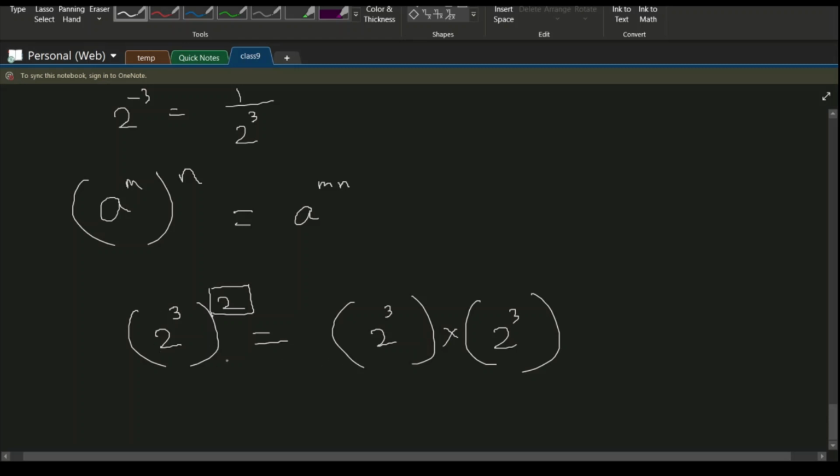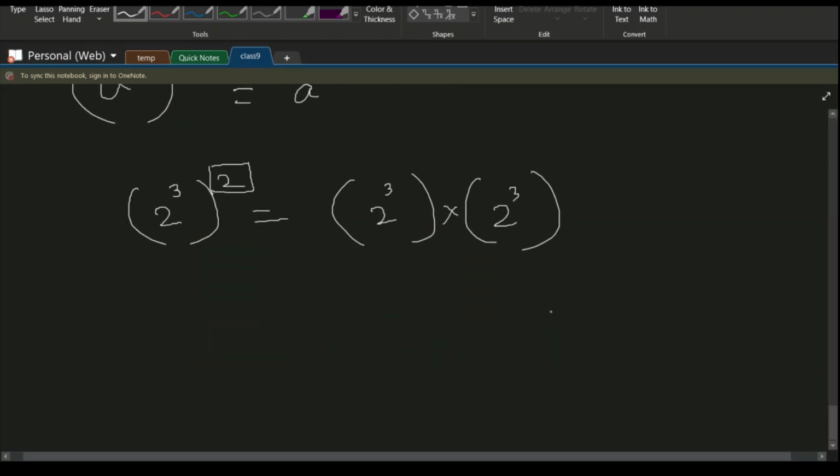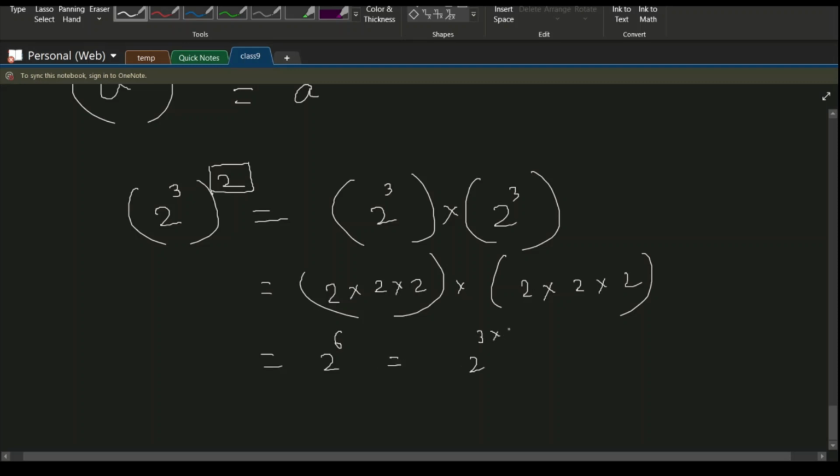So this 2 cube has to be multiplied with itself 2 times. And then if we expand this again, this becomes 2 times 2 times 2, this particular bracket, and this again becomes 2 times 2 times 2, right? So in total, how many times are we seeing 2 here? 6 times, which is nothing but 2 raised to the power 3 times 2.